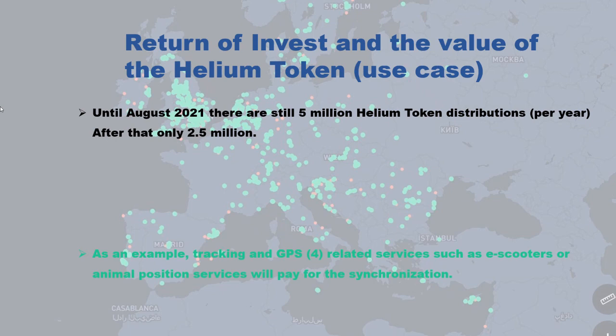Until August 2021 there are still 5 million Helium tokens in distribution, and after that comes the halving. That means you get just half of the outgoing Helium bonuses for the network, but at the same time there is more demand, there are more miners, and there is more possibility to have coverage, and at the same moment the price is going higher, so I think we will not feel it so strongly.